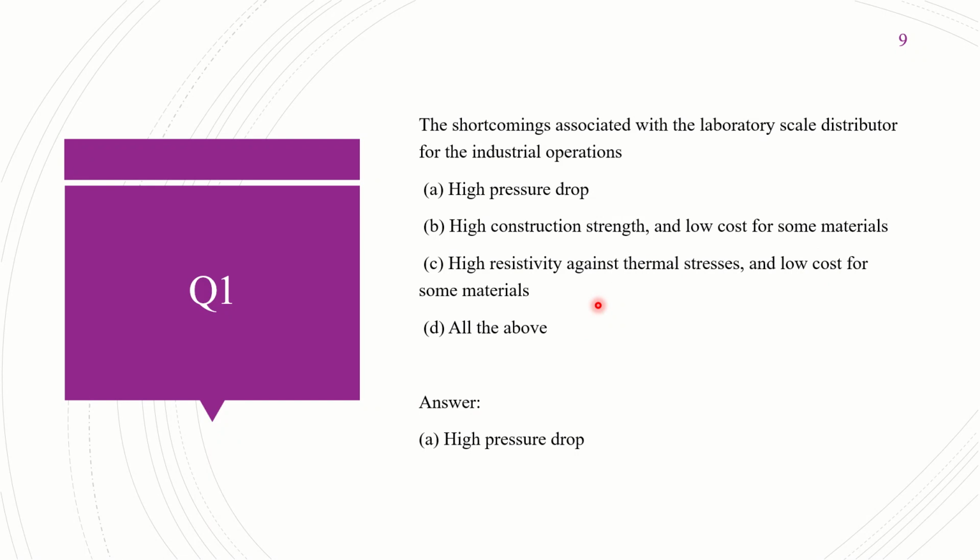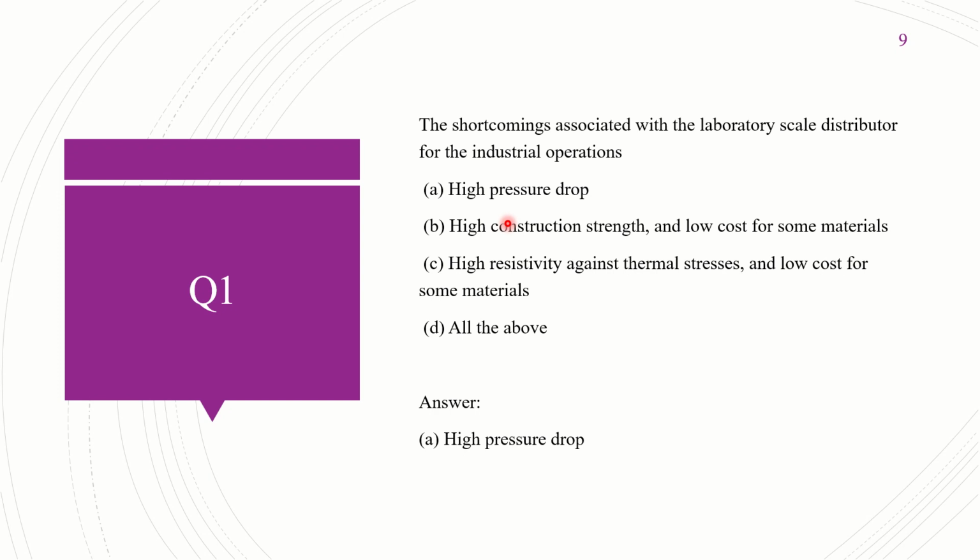disadvantages or drawbacks. So what would they be? The first one given is high pressure drop. What happens when there is a high pressure drop? Obviously, we know that when we use porous plate distributors, there will be a higher pressure drop than when used in a small scale setup. So at industrial scale, it would give a high pressure drop.